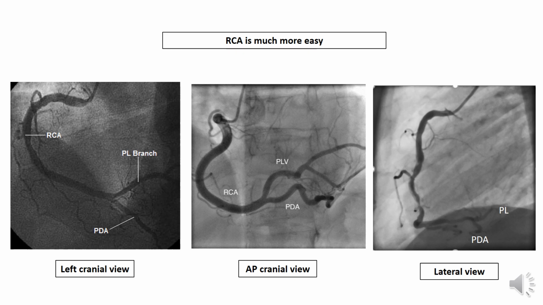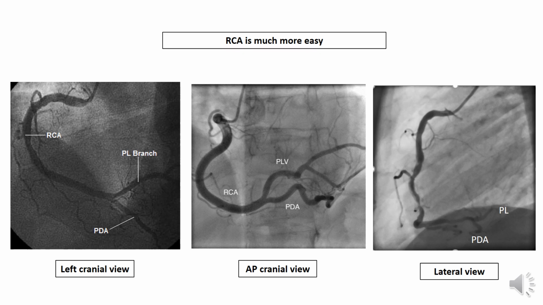So it is a valuable view for assessment of the distal segment of RCA and its terminal branches. As we discussed before, the posterolateral branch is running in the AV groove, so it runs as a continuation of the right coronary artery in a C-shaped manner, and the one that leaves the RCA and descends downward in the posterior interventricular septum is the PTA.